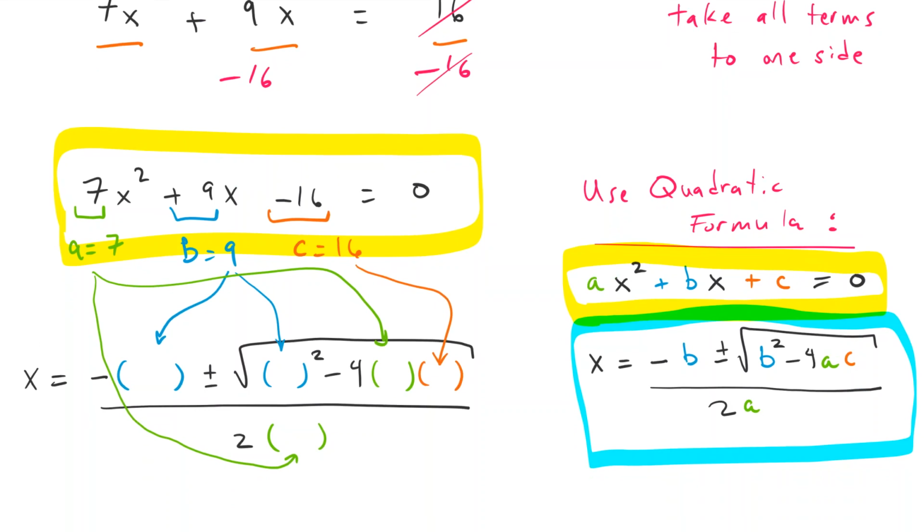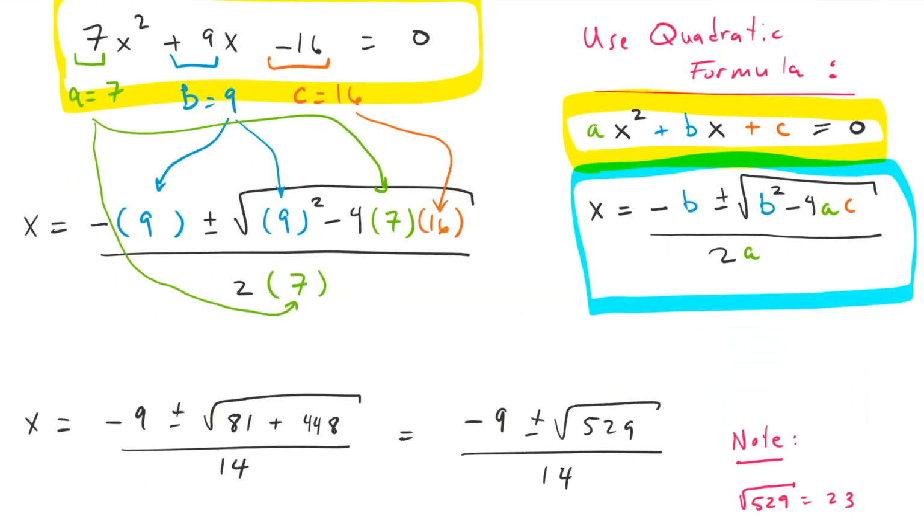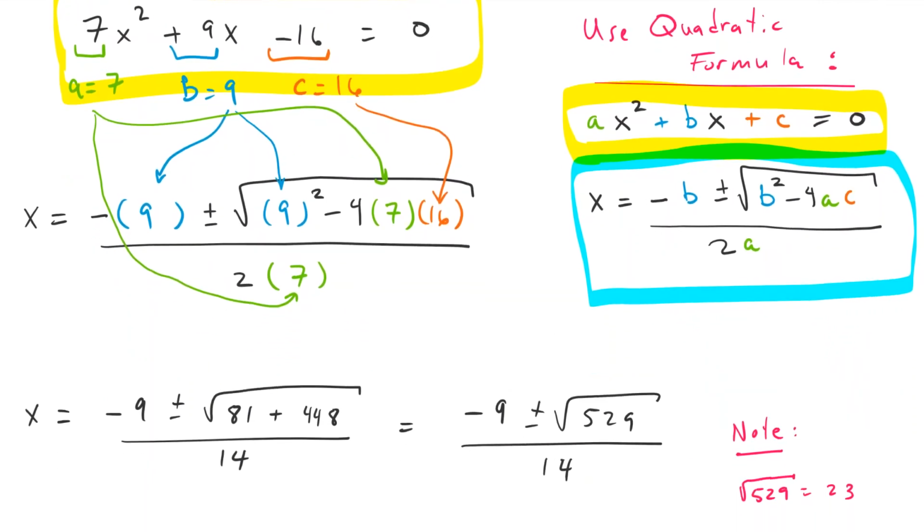Let's plug those in. 9 for b, the a is 7, 2 spots for the a, and then we have a c, which is 16. Now we need to multiply everything out, which gives us negative 9 plus or minus the square root of 81 plus 448 divided by 14.